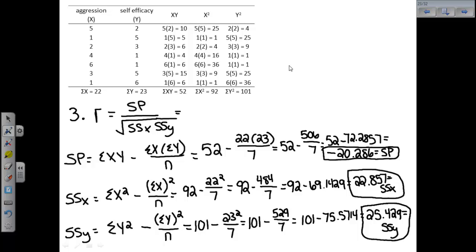All right. Found my sum of products, negative 20.286, divided by the square root of my sum of squares x, 22.857, times my sum of squares y, 25.429.